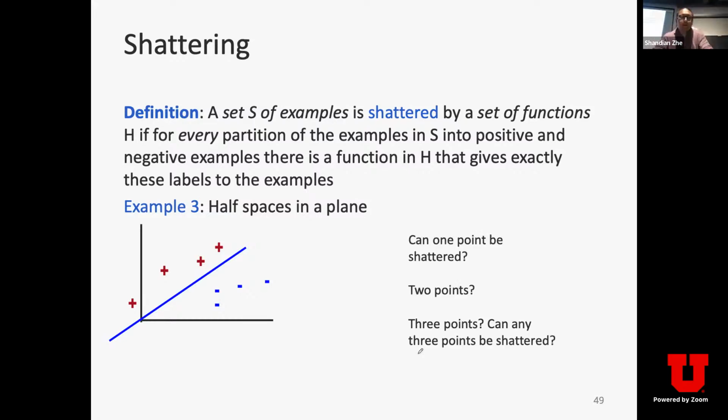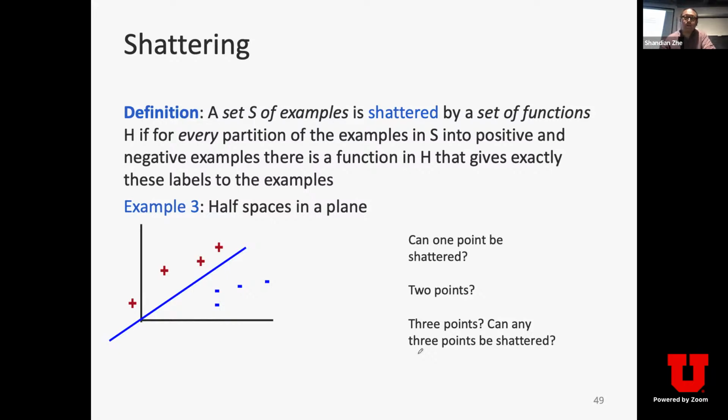And we'll see that it's very easy to shatter 1 point by half spaces. And can 2 points be shattered by half spaces or linear classifiers? Yes, we showed that as an example at the very beginning. And then can we increase the number of points to 3 points?